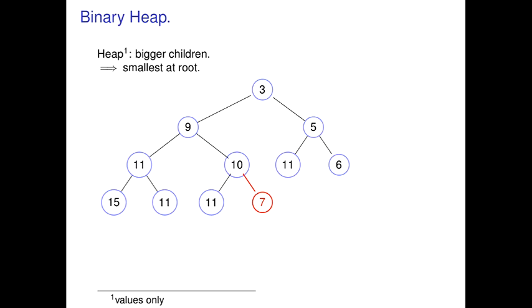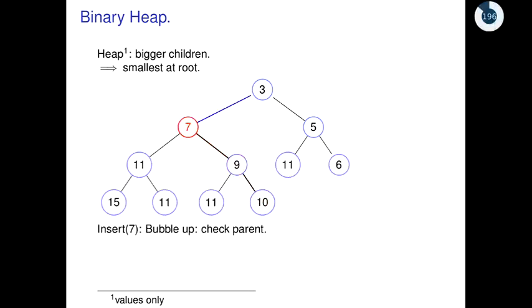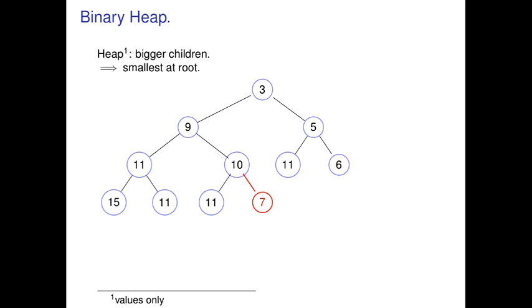Now I'm going to go over all the operations. How do we insert? The first thing we do is find an empty leaf, a node with a child slot that we can put it in, and we put 7 there. Now it doesn't obey the heap property. But we can switch it with its parent. We know that if there's a problem here, he's less than his parent, so he just switches places with his parent. Now, do we know that he's less than this guy?